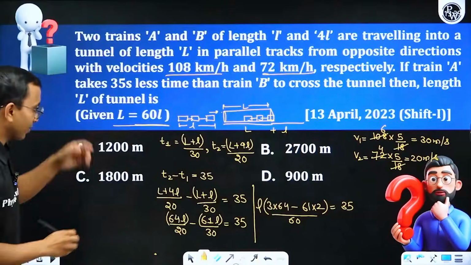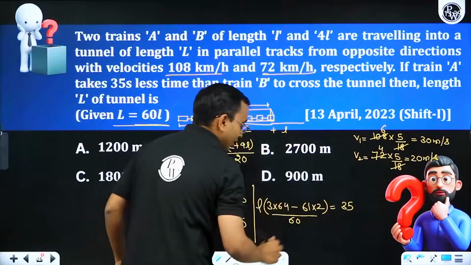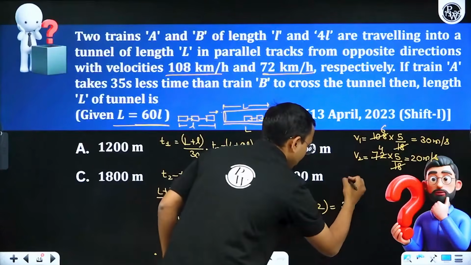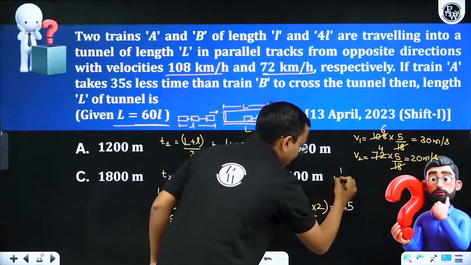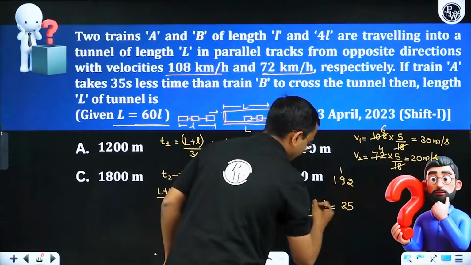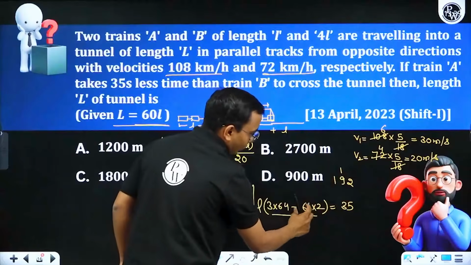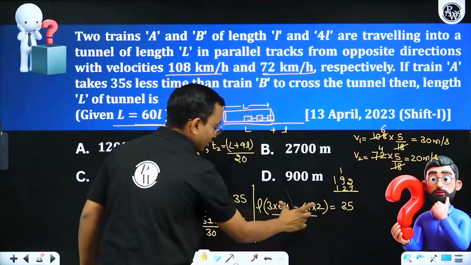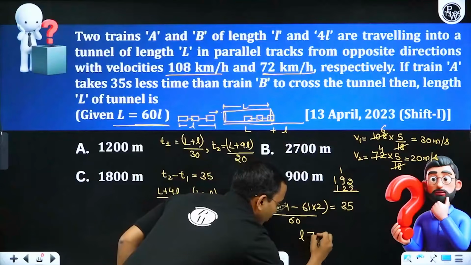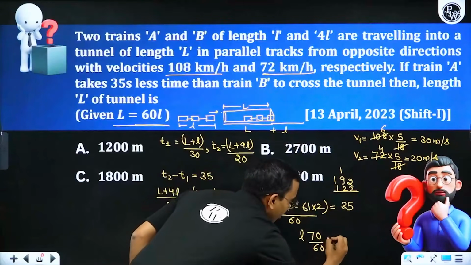What is 64 into 3? That will become 192. Minus how much is that? This is 122. So the difference is 70. So l times 70 by 60 is 35.